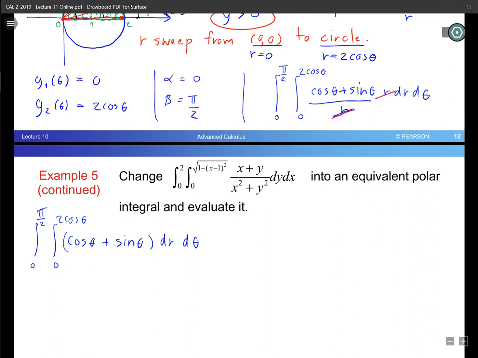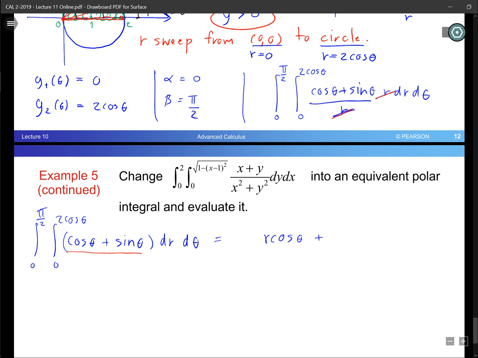Alright, so you take a look at this. We are supposed to integrate this with respect to r. Here we only see theta, so treat these terms as constants. So this is going to be equal to cosine theta, that's a constant, so integrating with respect to r, r shows up.